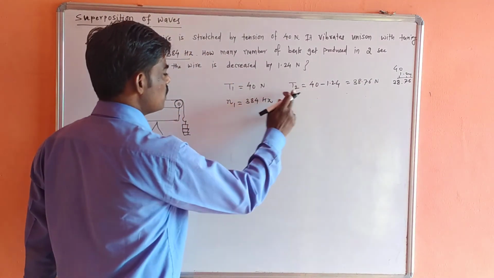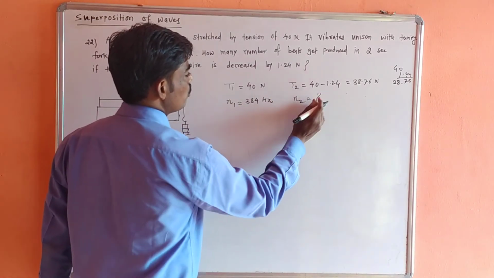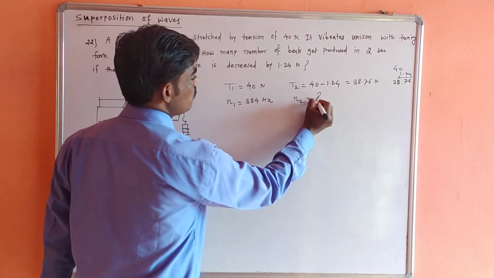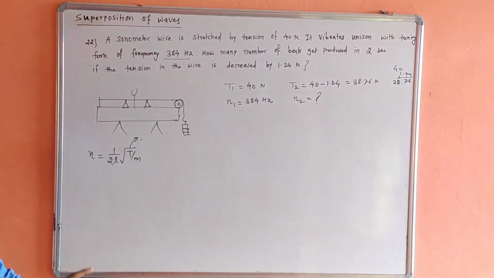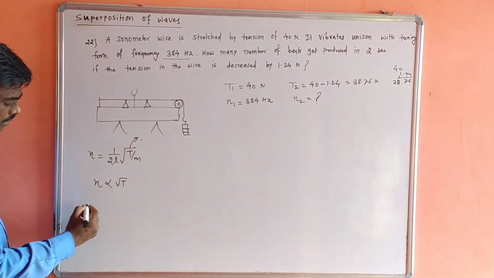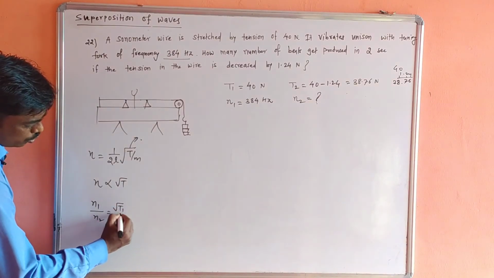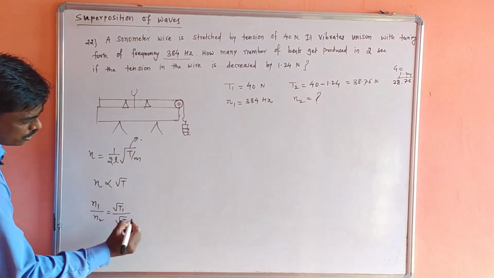So when this tension is acting on the string, initially we have to find out what will be the frequency of vibration of the string. N2 we have to find out. From this formula, what can we state? N is directly proportional to root T. That means N1 upon N2 equals root T1 upon root T2.